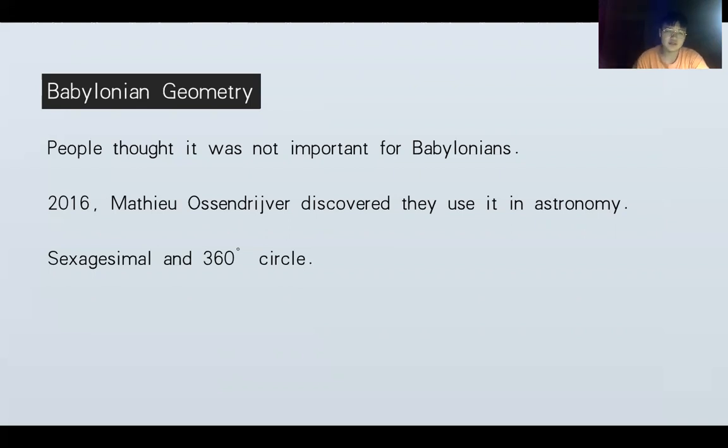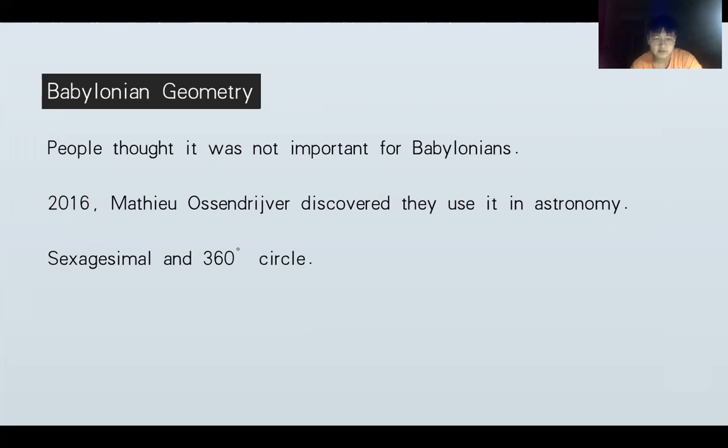People used to think that Babylonians did not think geometry was important, because they thought all the Babylonians needed geometry for was their city plan, like this place is set as a square, and that place was set as a rectangle. People thought they did not touch the harder stuff about geometry.